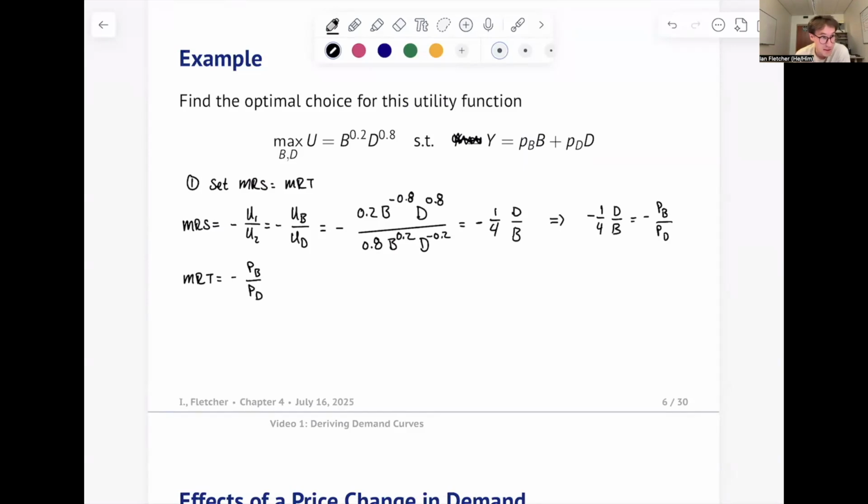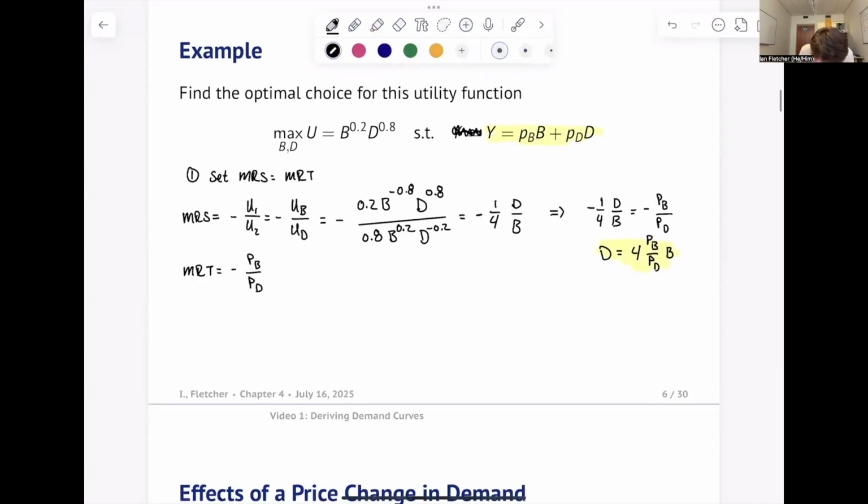Then we would get something along the lines of B should equal 4 PB over PD times D. Not a D, sorry, this should be a B. Then we'd be able to take this function and this function, and we should be able to find the optimal.